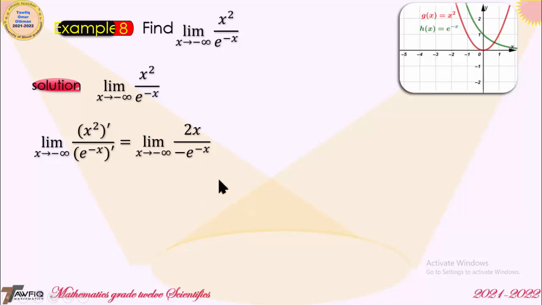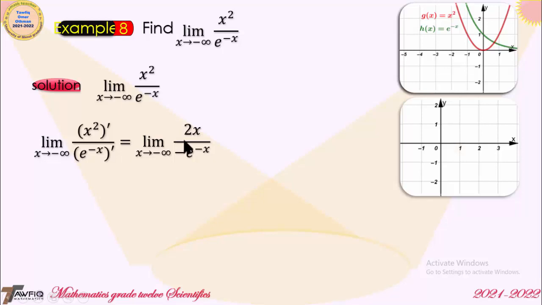2x, and the derivative of e to the power minus x is minus e to the power minus x. And now, if we draw these two graphs again, you can see when we draw the graph of minus e to the power minus x, it is like this. As you can see, when x goes to the negative infinity, the graph goes to the negative infinity.